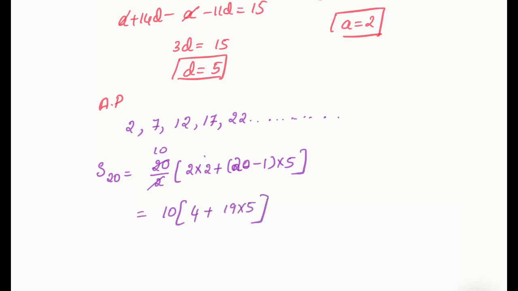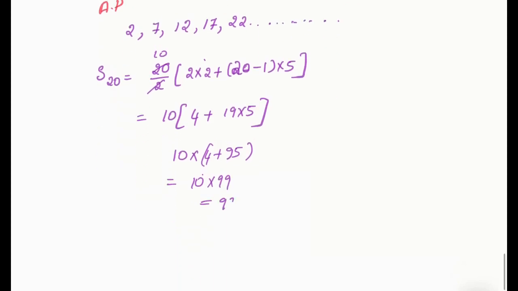So 4 plus 19 fives are 95. So you get 10 into 99, that is equal to 990.